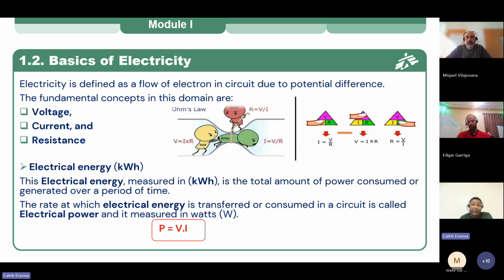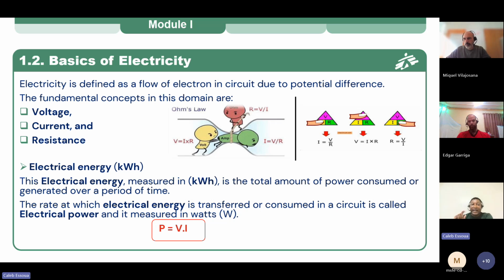For example, if you have a device with a rated power of 100 watts and it is operated for some hours, you can also convert it to kilowatt-hours. So this is the energy consumed by this device.